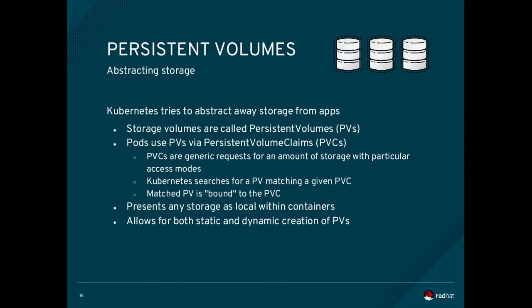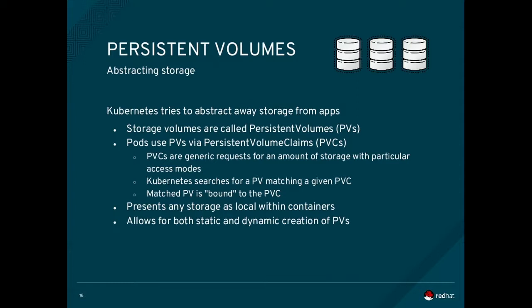So the way this worked initially is that the administrator was responsible for creating whatever set of storage volumes they wanted to provide to their applications. So you would create an NFS export or multiple NFS exports, and then you would define persistent volumes to map to these NFS exports.